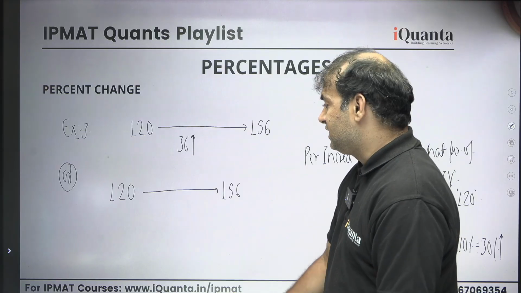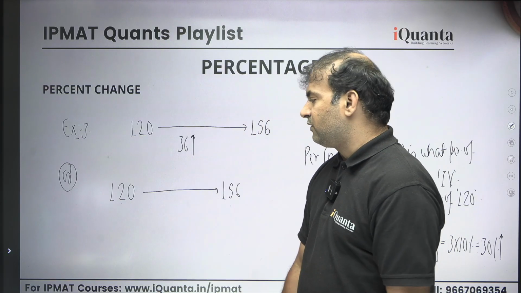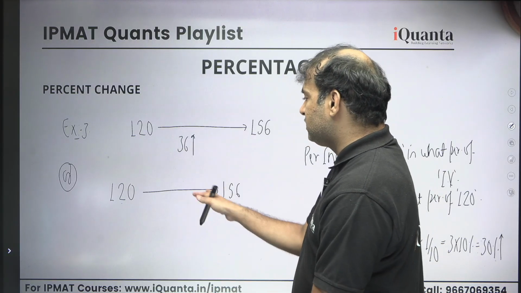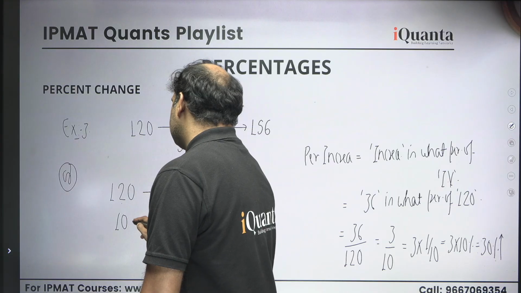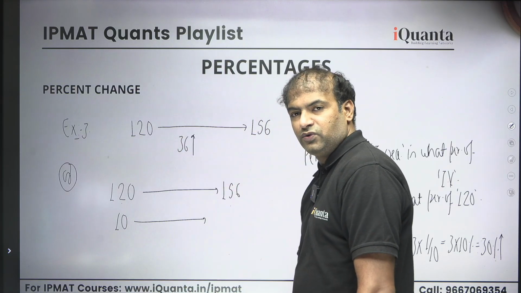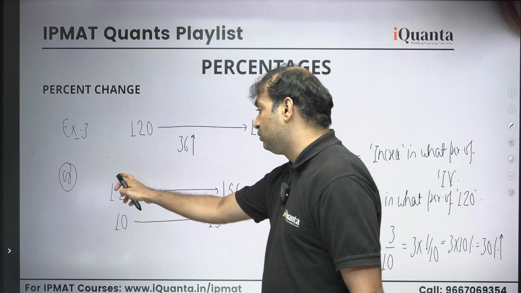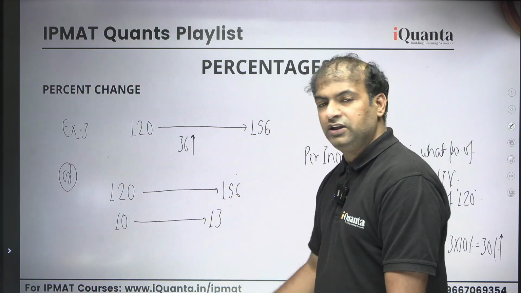For example, in 120 and 156, 12 is the highest common factor. If we cancel both by 12, this is 12 tens are, and this one is 12 into 13, so it will remain 13 only. We simplified both terms by 12, so it will be 10 here and 13 over here.